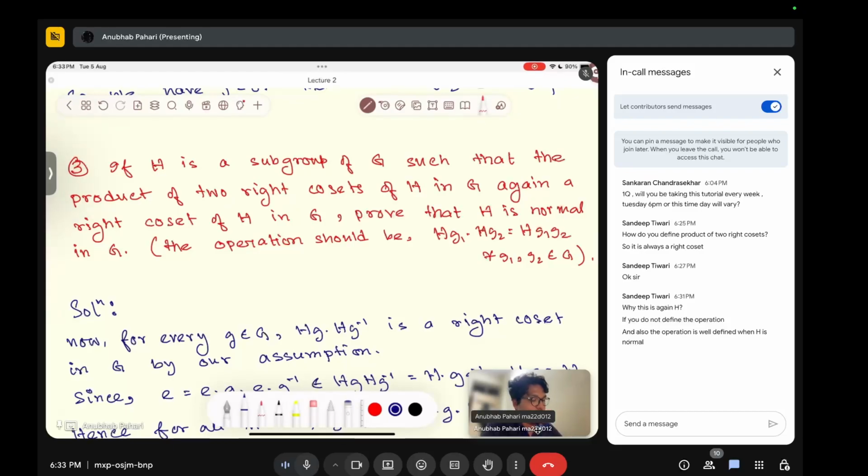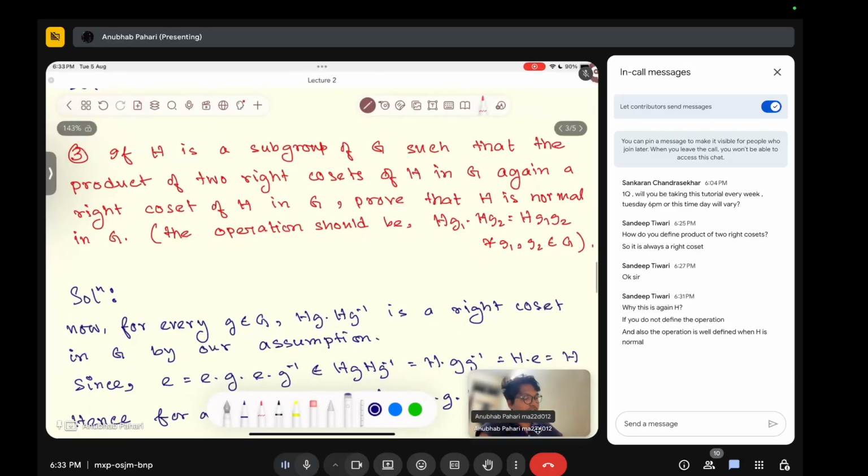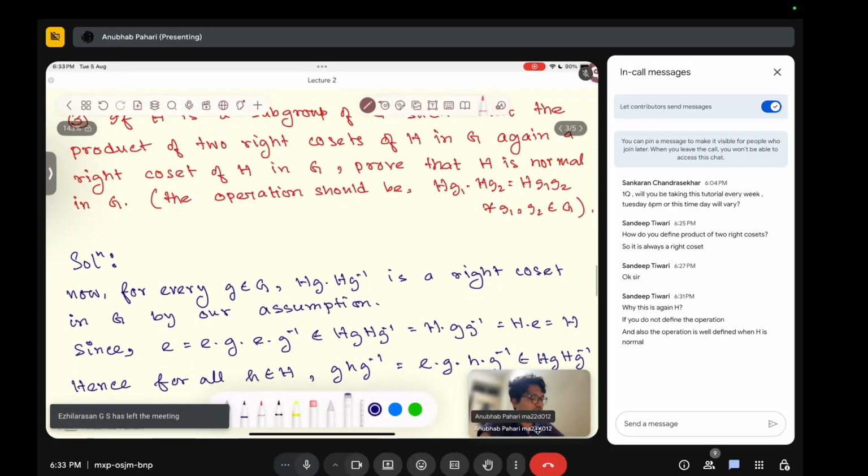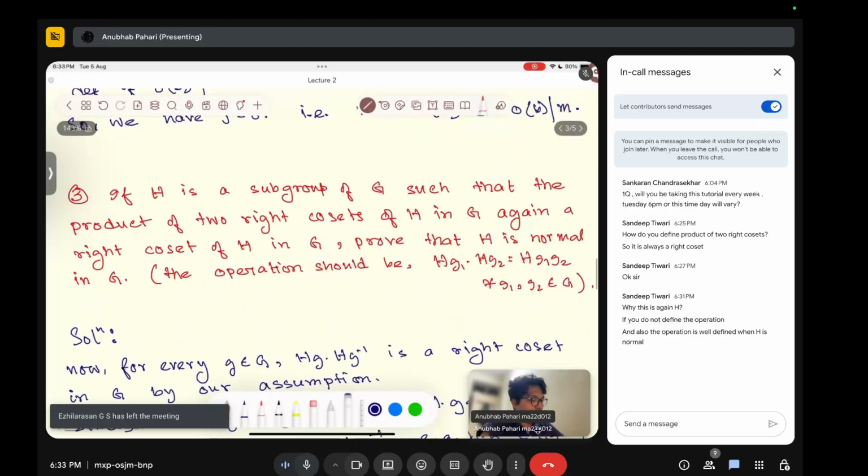It is given that H is a subgroup of G such that the product of two right cosets of H in G is again a right coset of H in G. If this condition is given, then we have to prove that H is normal in G. So in order to prove H is normal, we are assuming that this condition is true, and the only way to assume that is to take this operation as this.